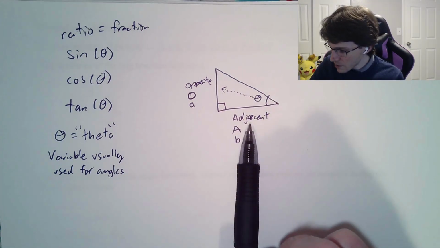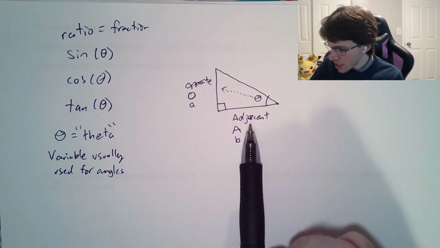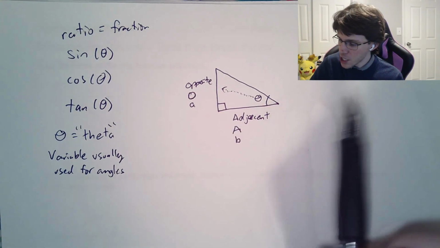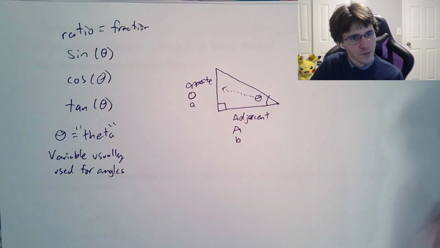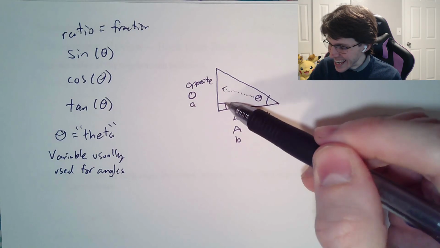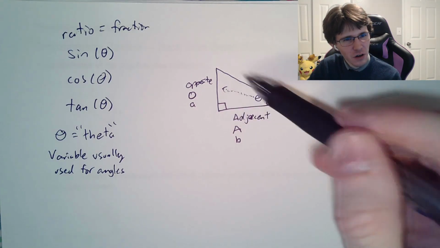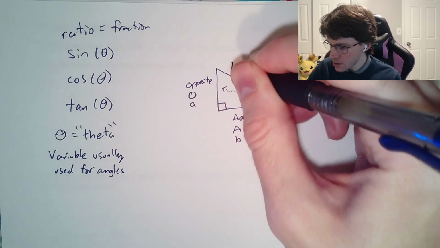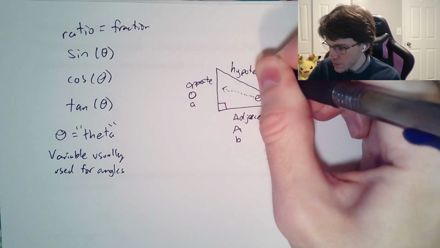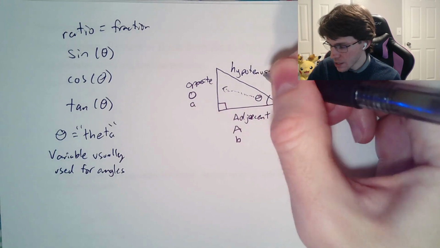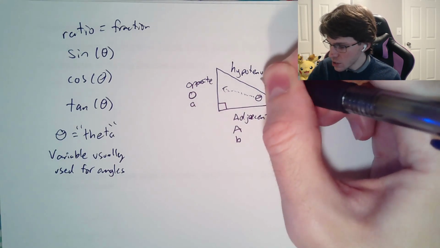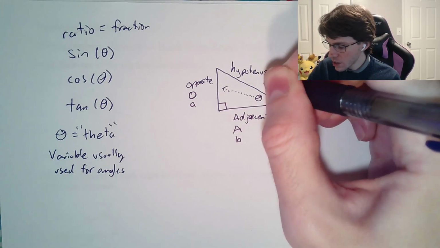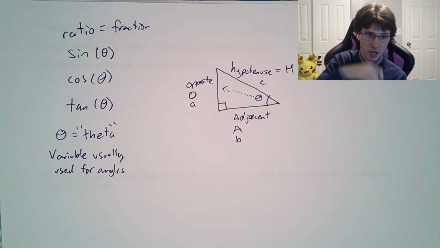That's a letter A, by the way, if you can't read my handwriting, ADJACENT, adjacent. And it means next to. The longest side, which is always not touching the right angle, the one that's all the way on the other side, we call this one the hypotenuse, which we usually use an H or a letter C for.